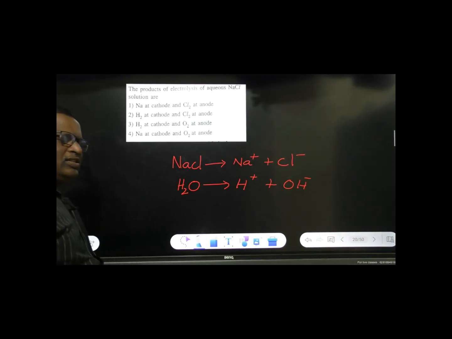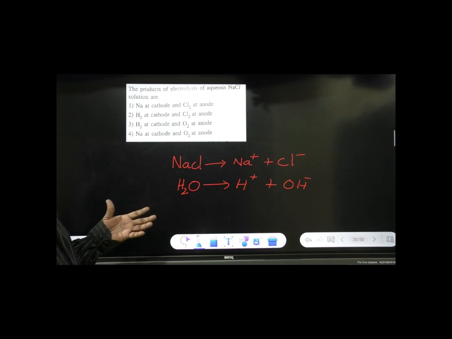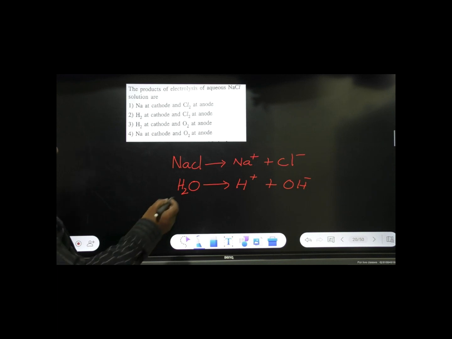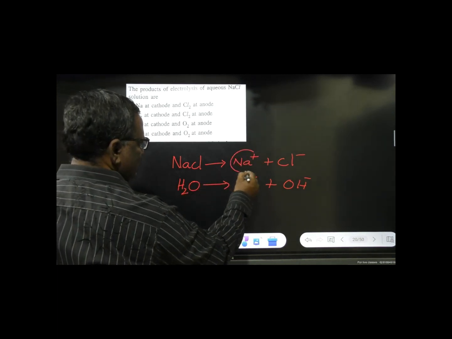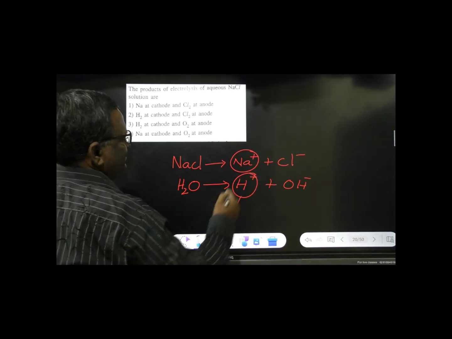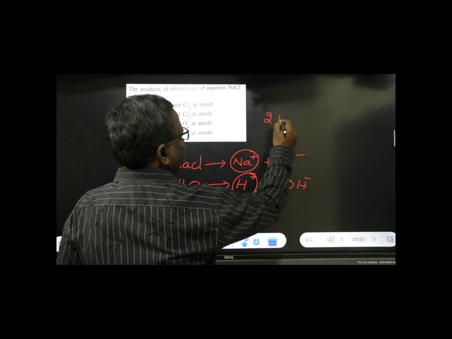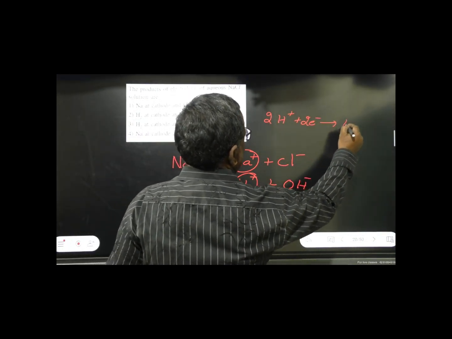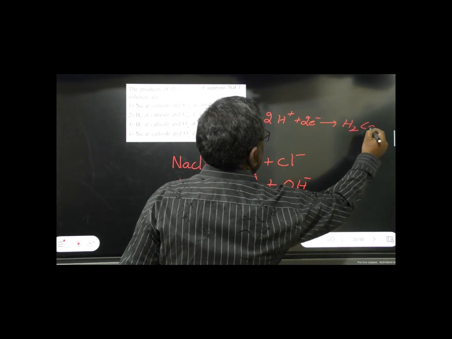So during electrolysis, cations will move towards the cathode, where they are reduced. Anions will move towards the anode, where they are oxidized. When two or more ions are present, they are selectively discharged at the cathode. Out of Na+ and H+ ions, H+ is discharged first as H2: 2H+ + 2e- gives H2. This is the cathode reaction.